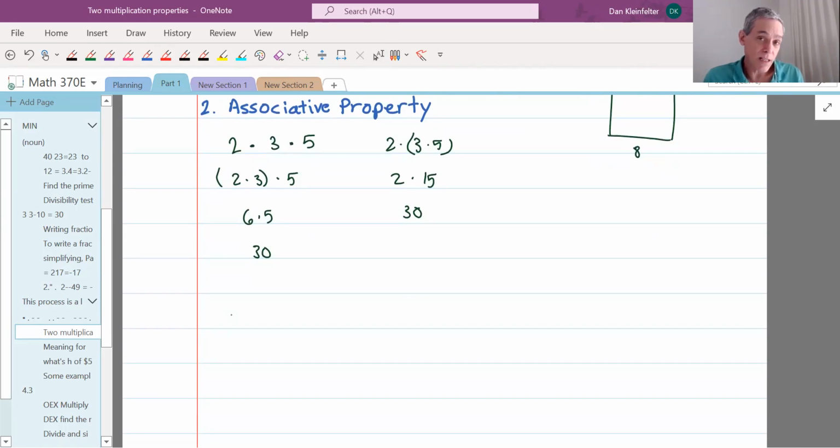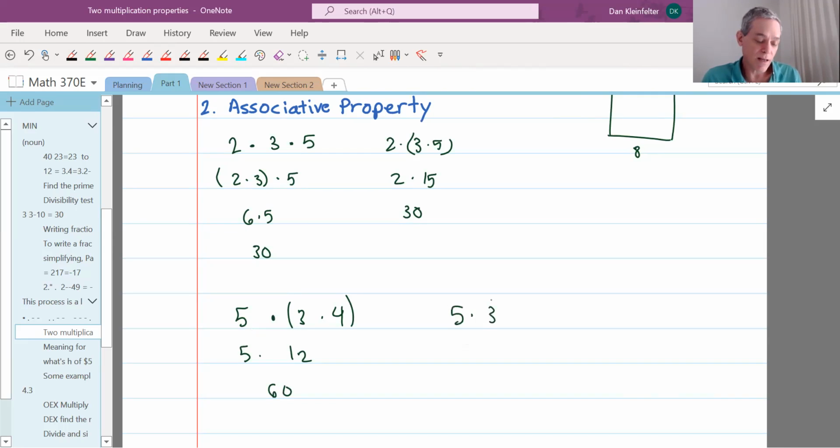As another example, if we wanted to calculate 5 times 3 times 4, here you can put parentheses. Let me take the parentheses off for a second. If you have 5 times 3 times 4, you can associate or group the 3 times 4 together first, and say this is the same as 5 times 12, which is 60.